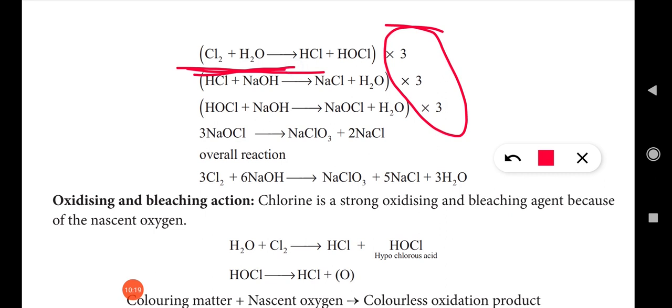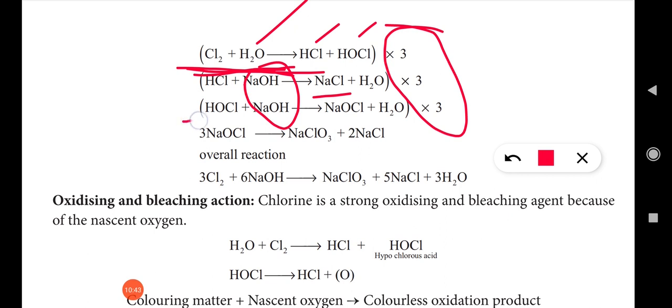So here chlorine, this is the beginning, first reaction. Chlorine reacts with water to form HCl and hypochlorous acid. Then HCl and hypochlorous acid react individually with sodium hydroxide. So first it will form sodium chloride when HCl reacts with sodium hydroxide.